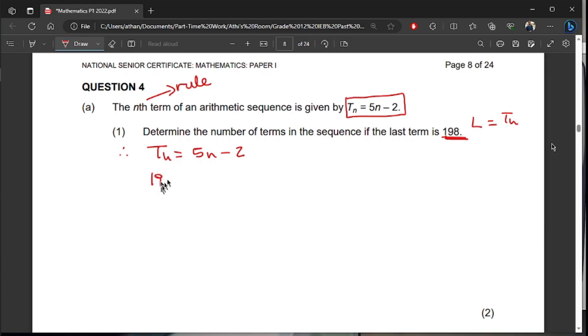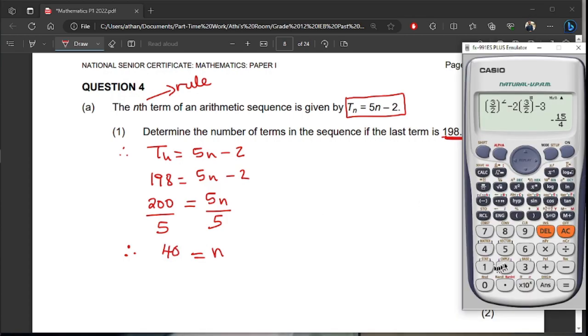Tn is going to be 198, so 5n minus 2 equals 198. Then we transpose the 2 to the other side, which becomes positive, resulting in 200. You have 5n. When you divide by 5, you get your n value: 200 divided by 5, which will be 40.